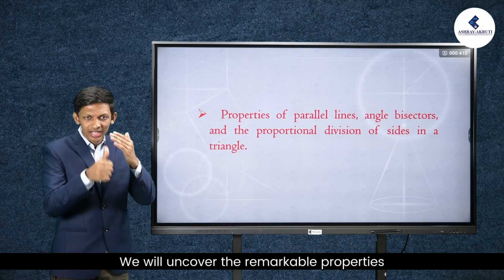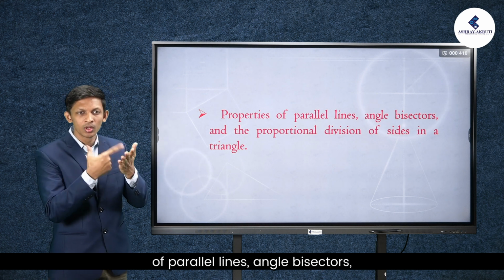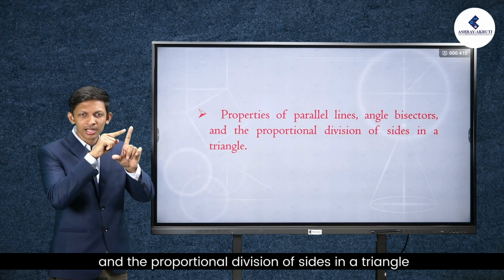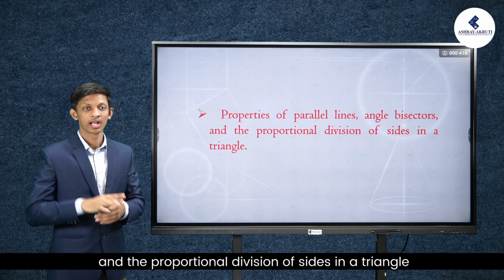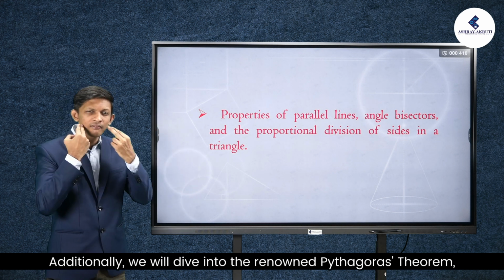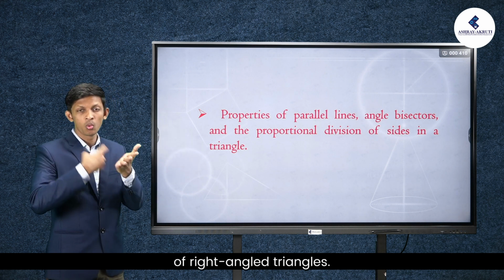We will uncover the remarkable properties of parallel lines, angle bisectors, and the proportional division of sides in a triangle. Additionally, we will dive into the renowned Pythagoras theorem, which reveals the hidden relationships between the sides of right angle triangles.